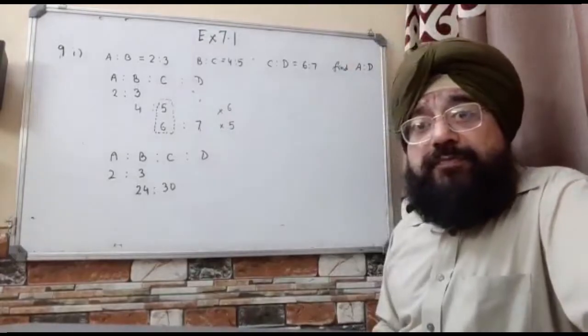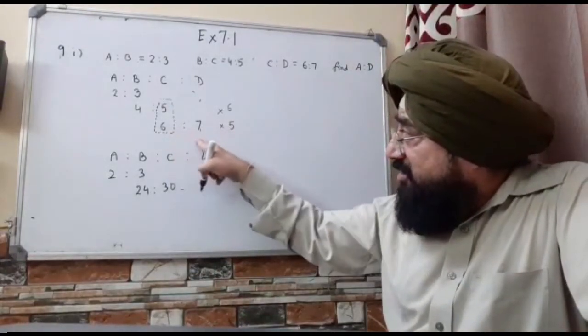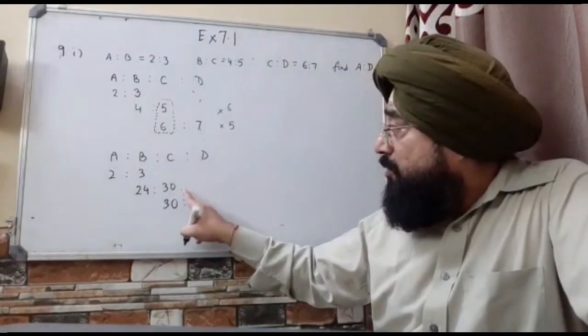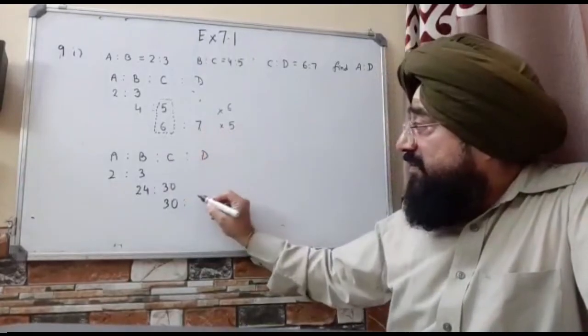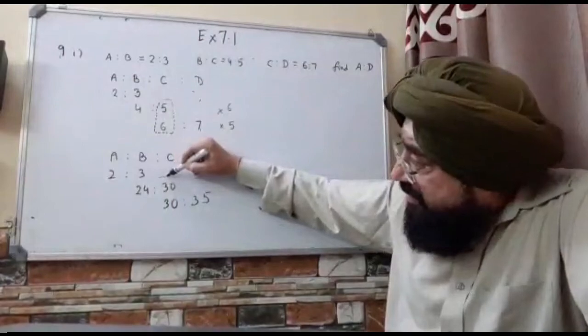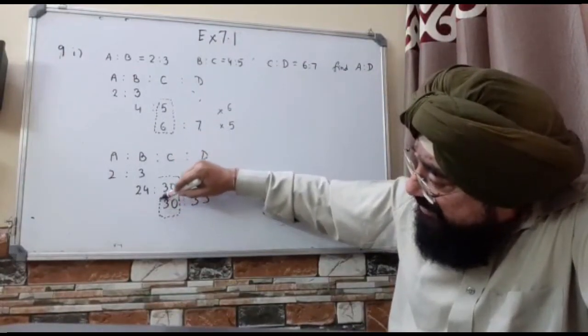Did you follow? And this ratio multiplied with 5: 5 sixes are 30, and 5 multiplied with 7 is 35. So see that this ratio, which was having a different value, now has the same value.